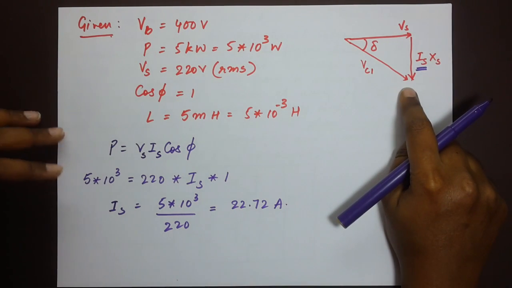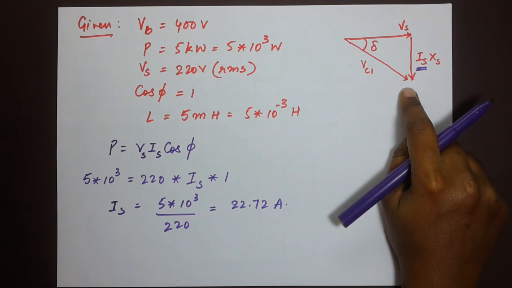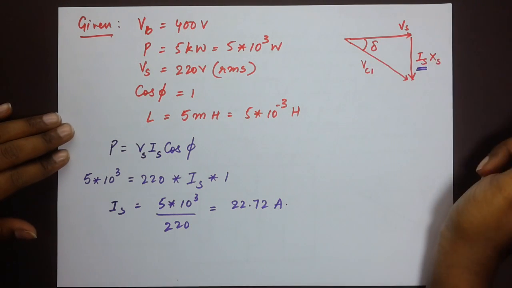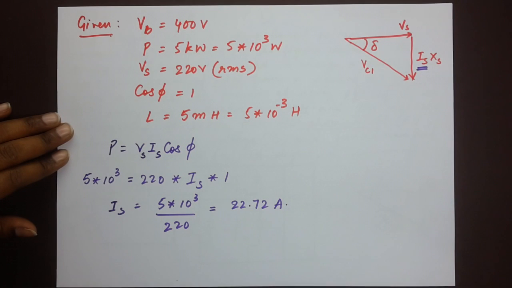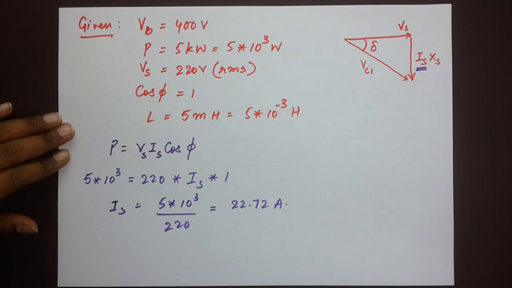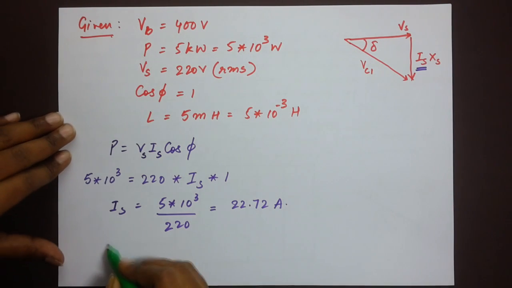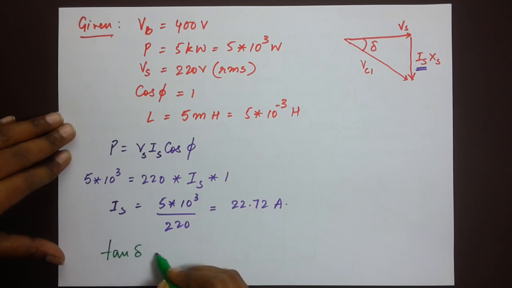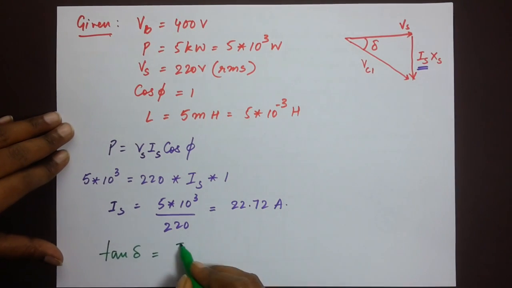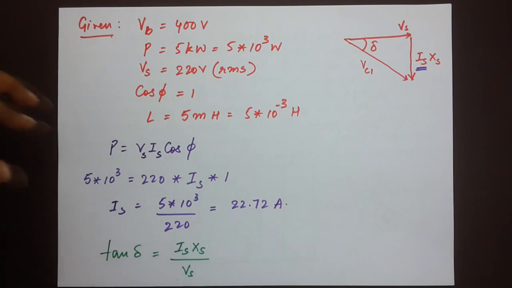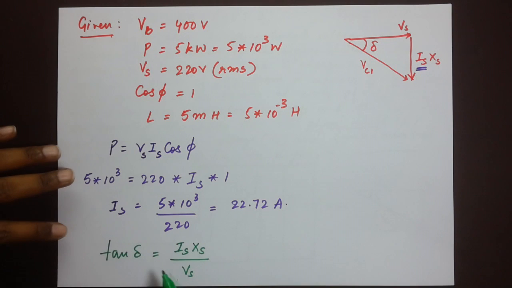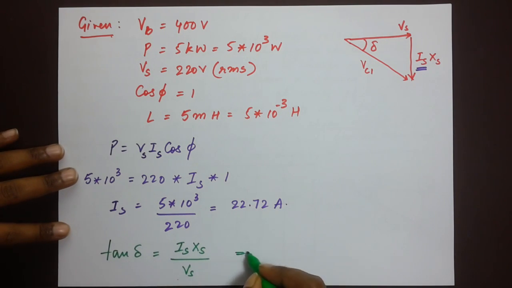Now let's look at the triangle over here. If we were to find out what delta is, we can use tan. Tan delta would be opposite by adjacent value, right? So tan delta is equal to, now the opposite is Is Xs divided by Vs according to the figure there. Now let's take tan to the other side, since we are supposed to find out what delta is.